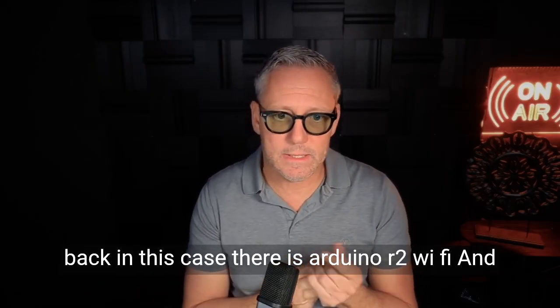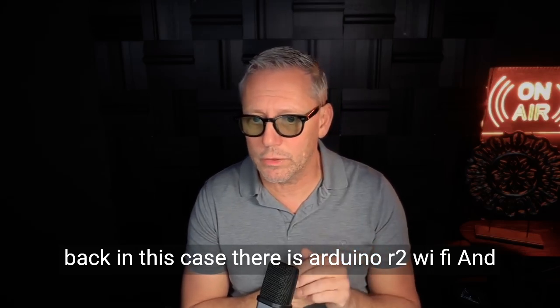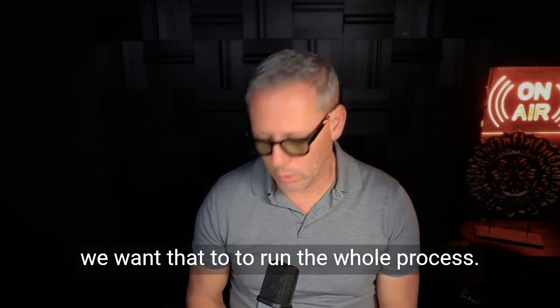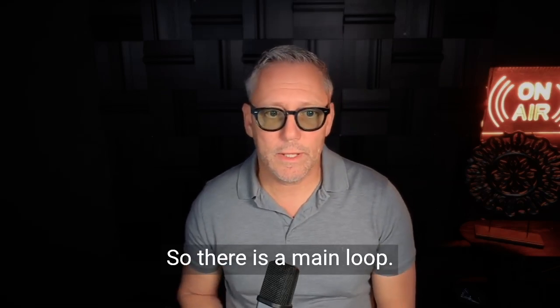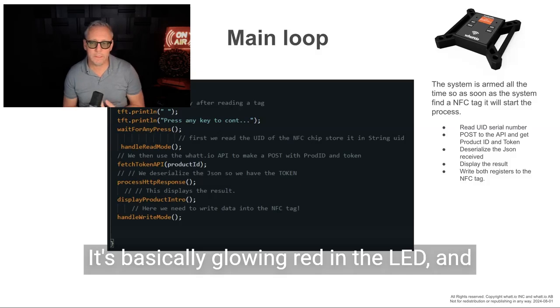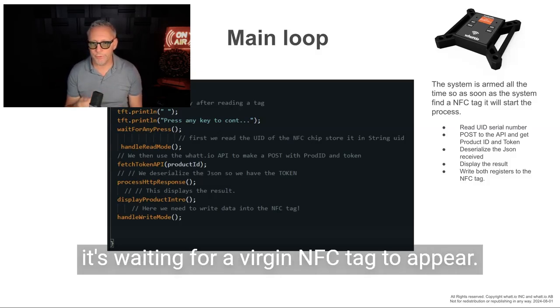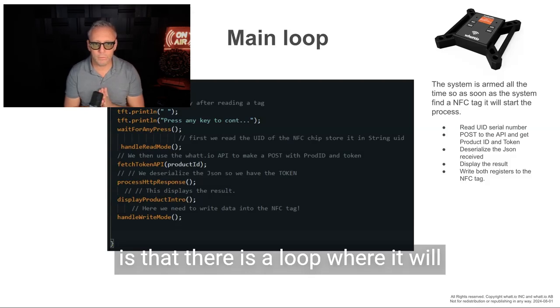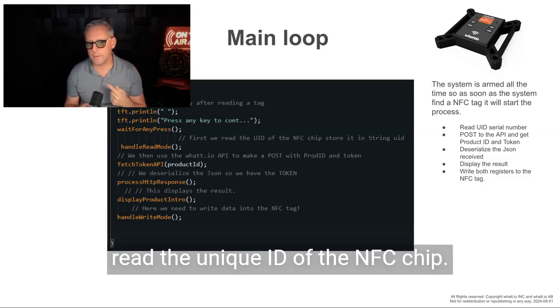In this case, there is an Arduino R2 Wi-Fi, and we want that to run the whole process. So there is a main loop. The system is armed all the time. It's basically glowing red in the LED, and it's waiting for a virgin NFC tag to appear. What then will happen? This is the process it's running: there is a loop where it will read the unique ID of the NFC chip.